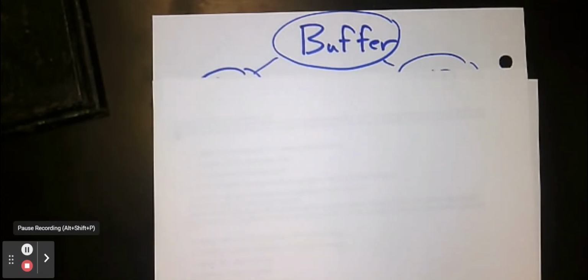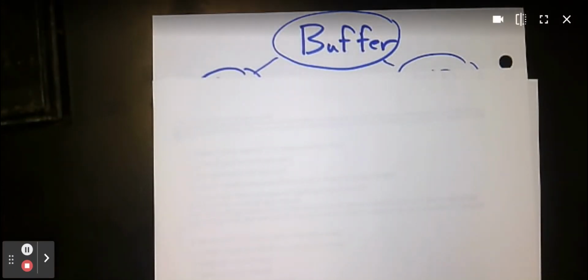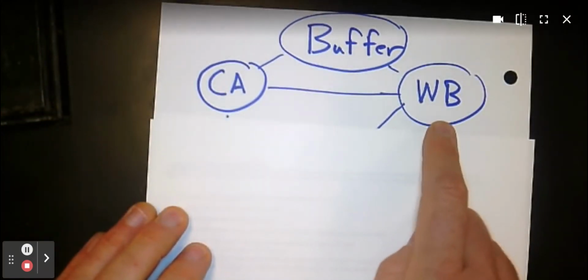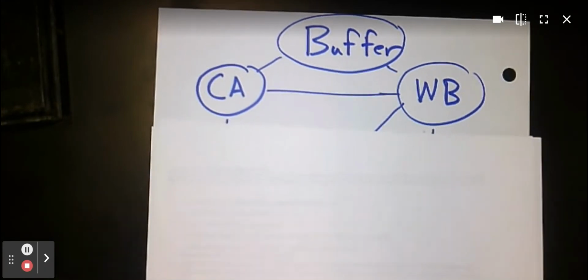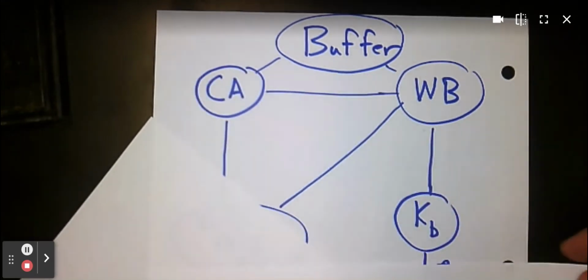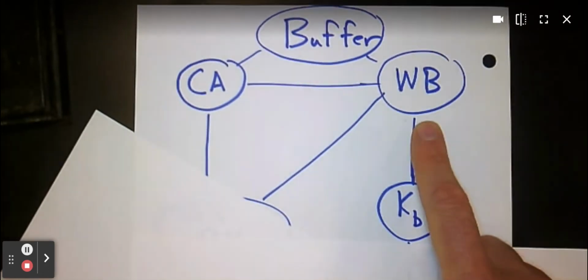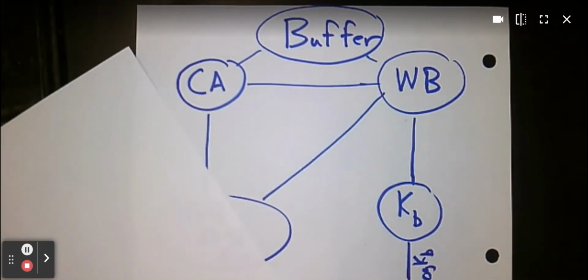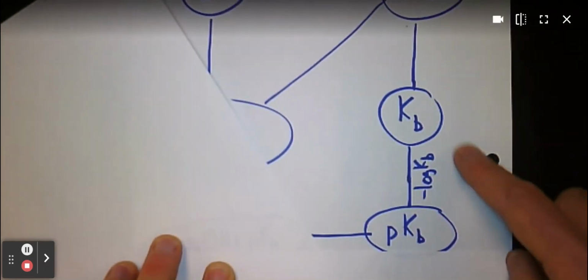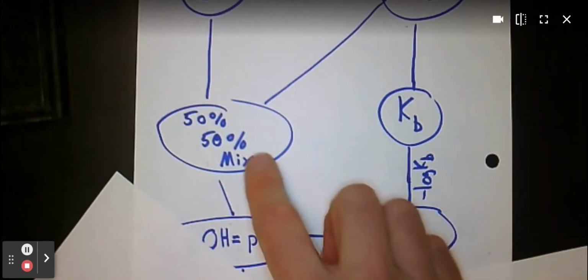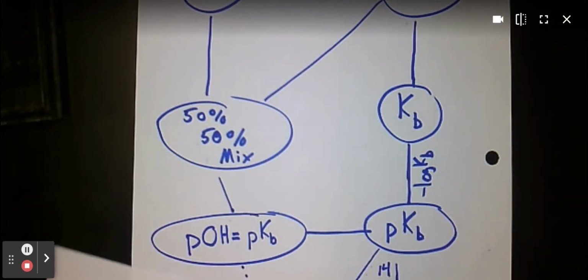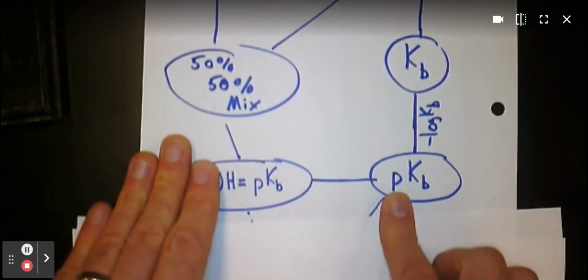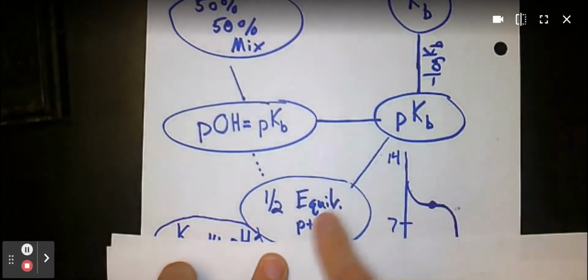Now, the reverse is true of a buffer where you've got a weak base and its conjugate acid, where I'm going to have a Kb value for my weak base. Now, this Kb value, I can take the pKb of it, the negative log of my Kb. If I make a 50% mixture, here my pKb is going to be equal to my pOH. And this is at the half equivalence point.